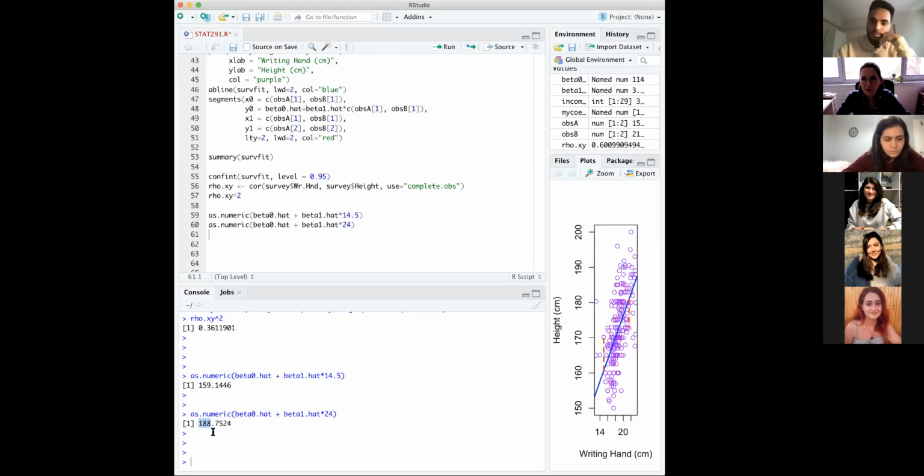I will do that for you. First I'm just giving you some hard time, then we will make it easier, okay? So according to this model that you generated, you can expect mean heights to be around 159 and 188 centimeters for hand spans of 14.5 and 24 respectively, okay? And this is what you are expecting.